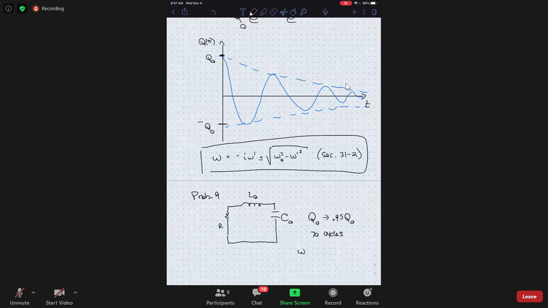And we can assume that since the damping is small, in that expression that I wrote before, omega prime is approximately equal to omega.